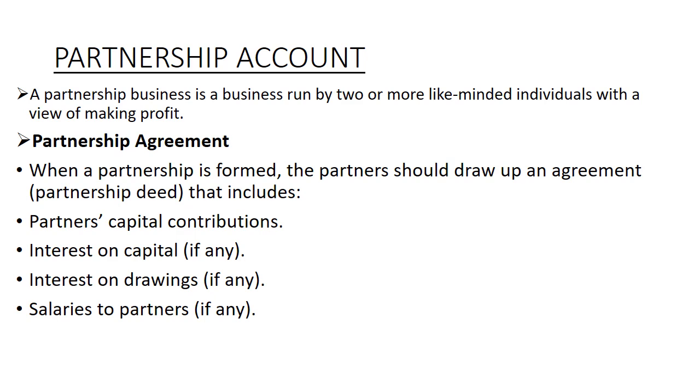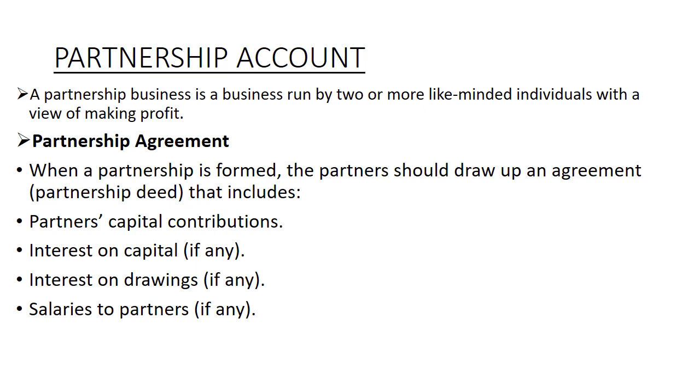Also, the partnership agreement is going to give details about salaries to partners. There are special arrangements in which both partners or one partner may be entitled to a salary, depending on the arrangement. Think of it this way: you and I want to form a business. In this business, I have the skills and I'll be the one managing the business. Your job will be funding the business.